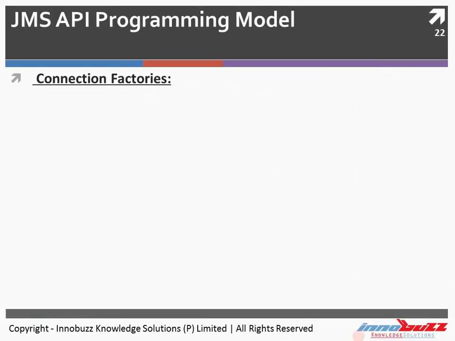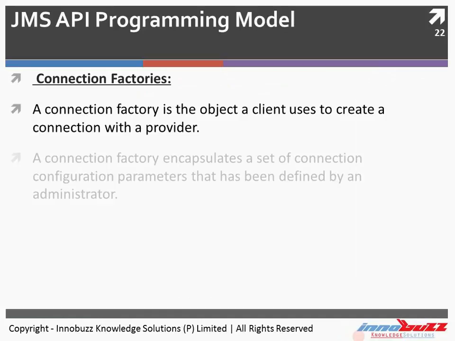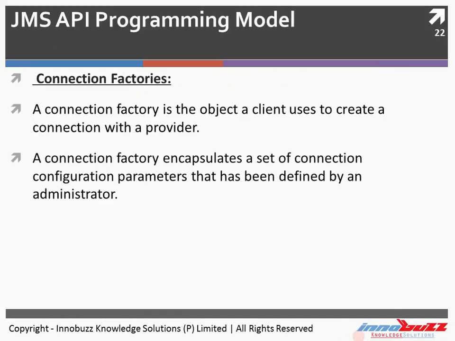Next is connection factories, which is one of the administered objects. A connection factory is the object a client uses to create a connection with the provider. A connection factory encapsulates a set of connection configuration parameters that has been defined by an administrator.